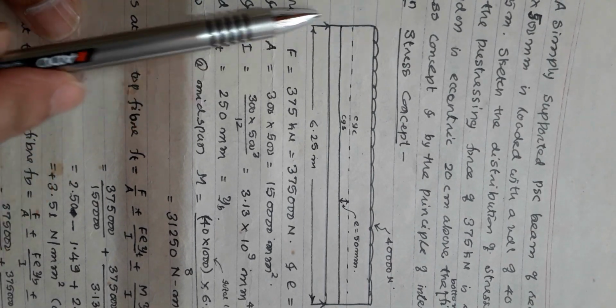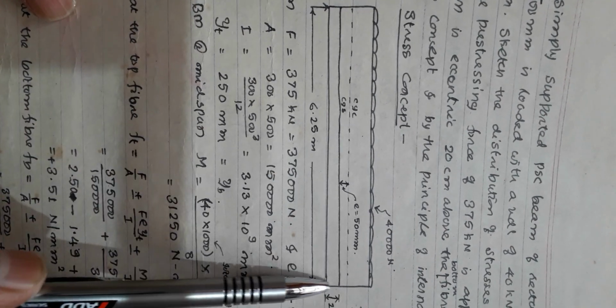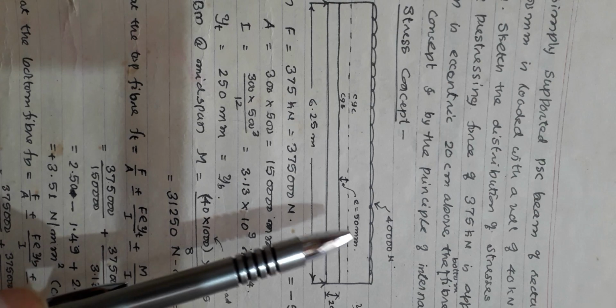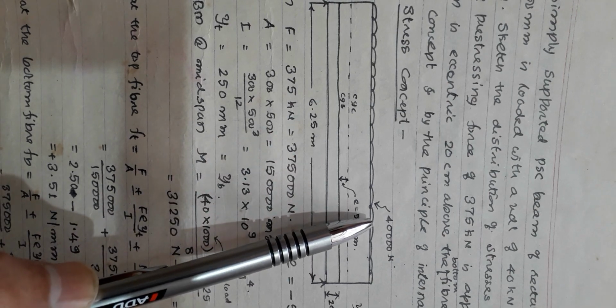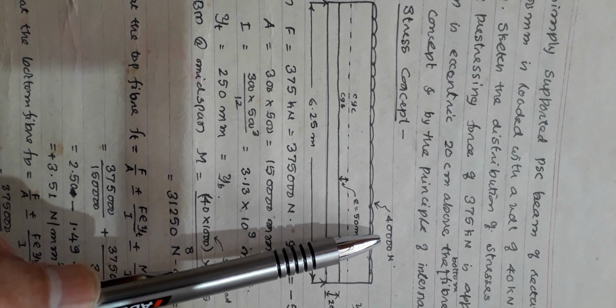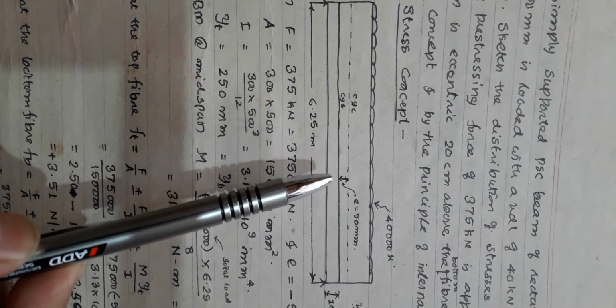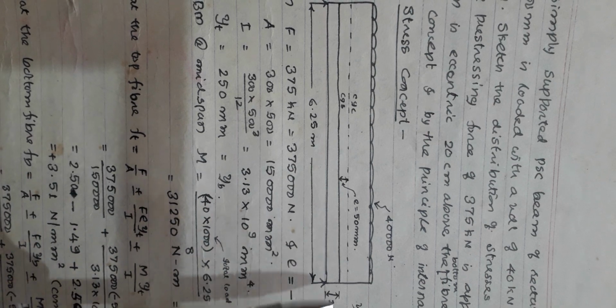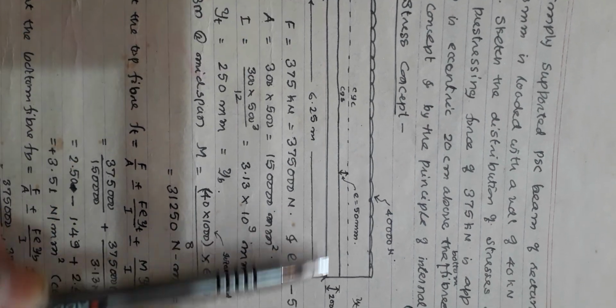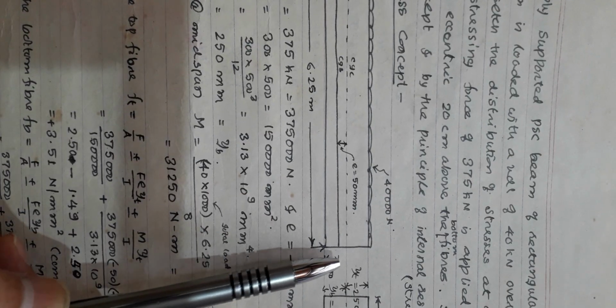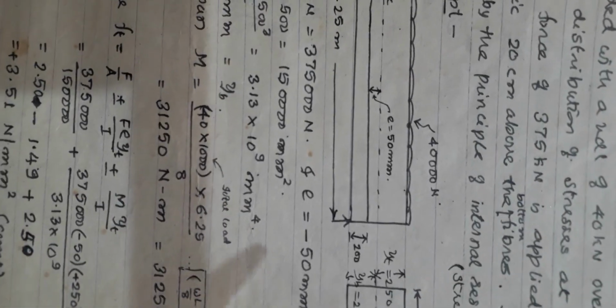So here he has given a PSC beam in which he has applied a load of 40 kilonewton, or 40,000 newton, and he has placed the cable 20 centimeter above the bottom, in the sense 200 mm above the bottom.